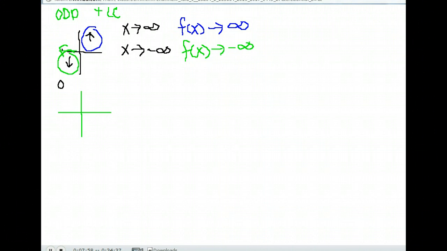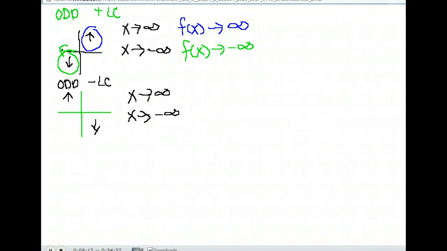Okay, let's go with our next case where we have odd degree and a negative leading coefficient. Okay, we talked about that: it goes up to the left, down to the right. And again, we describe it in terms of as x goes to infinity, what happens to f of x?